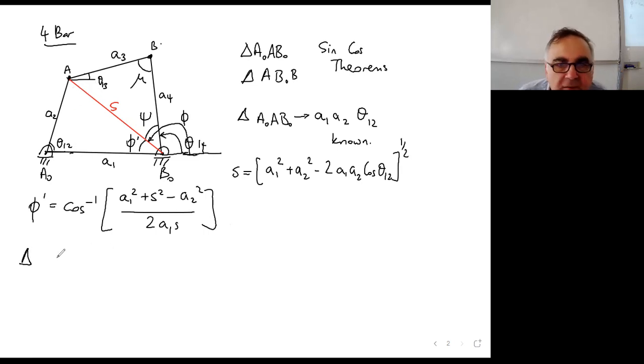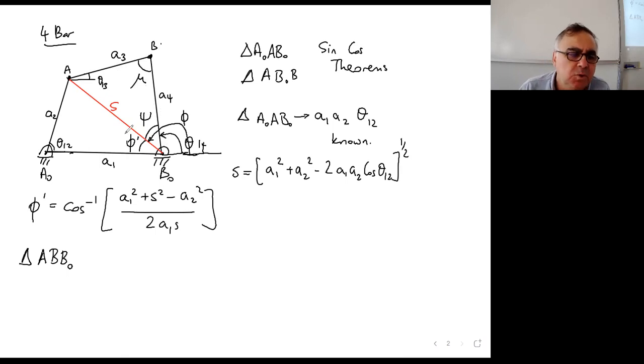For the triangle A, B0, B, it's the same thing anyway. Now, S is known. A3, A4 are known. What is unknown here?